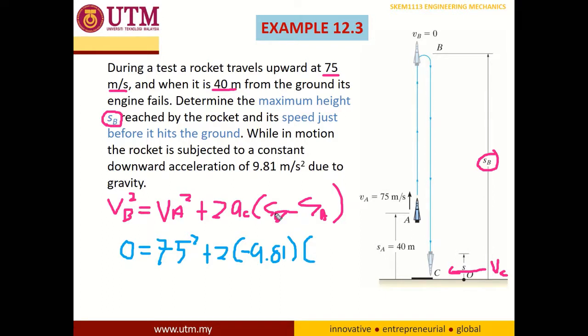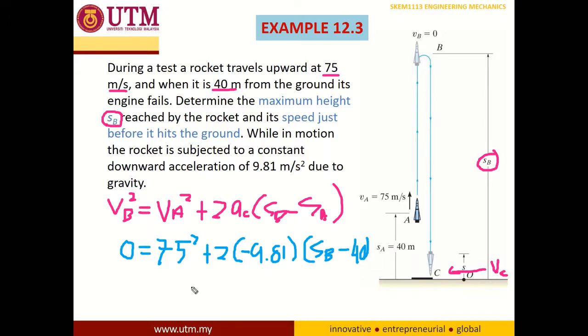SB is the position that we want, still an unknown, minus 40. This is the position of SA.